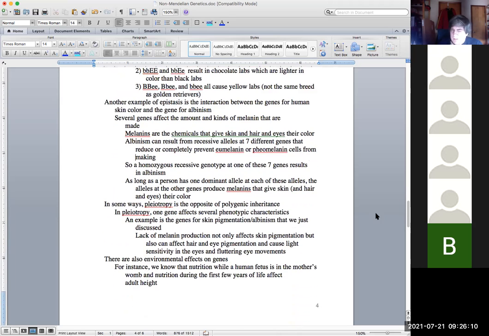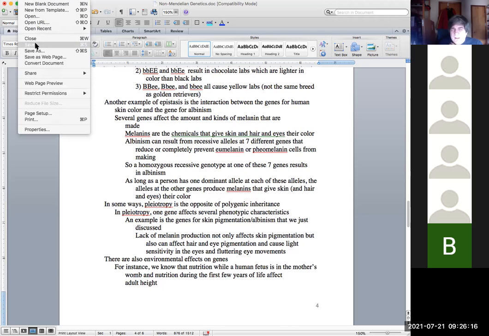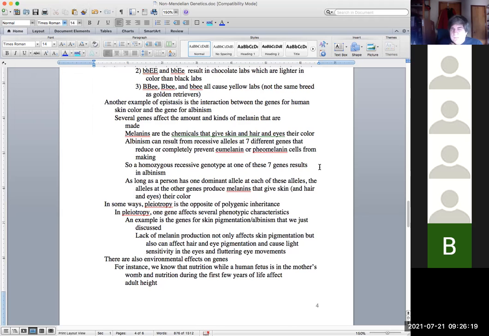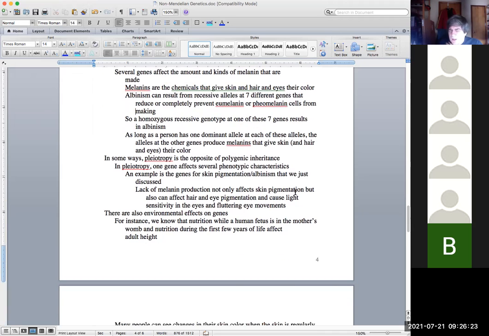Now, there are different types of albinos, but that still will end up being an albino of some sort. Now, the reason I say that there are different types of albinos is because these alleles that cause albinism are a good example of something called pleiotropy.